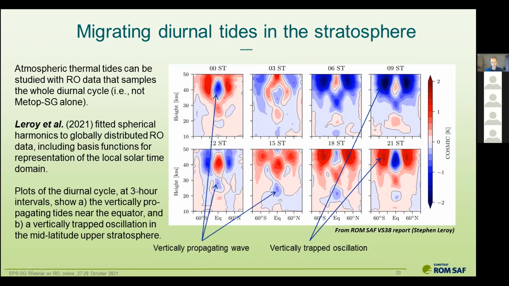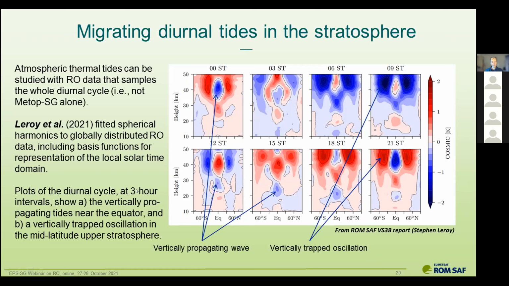He has developed a method where we can fit global spherical harmonic data to RO data, and now he added a component where we can also fit sinus basis functions in local time to these data. So we can study how the global state looks at different local times.